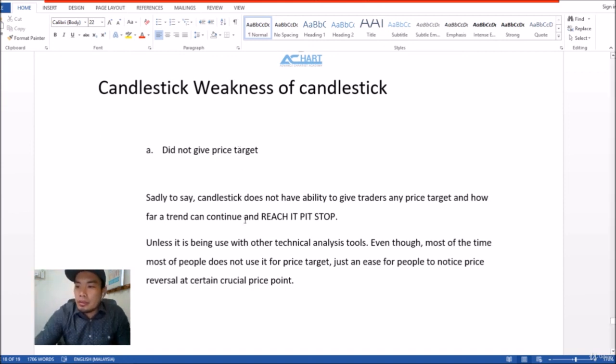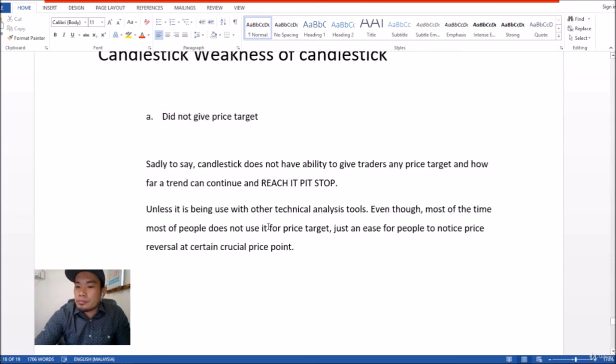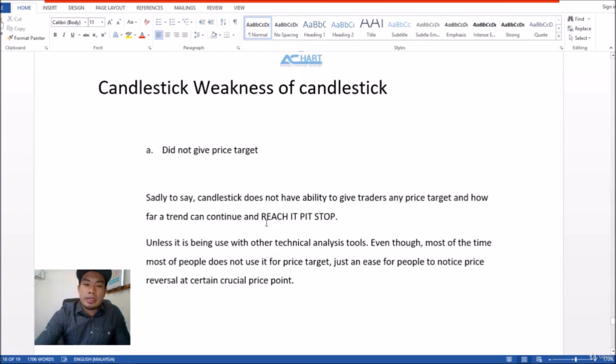Usually candlestick is used with other technical analysis, so it can't rely on its own. For example, it can be used with moving averages in order to confirm that the trend reversal is going upward in the future.